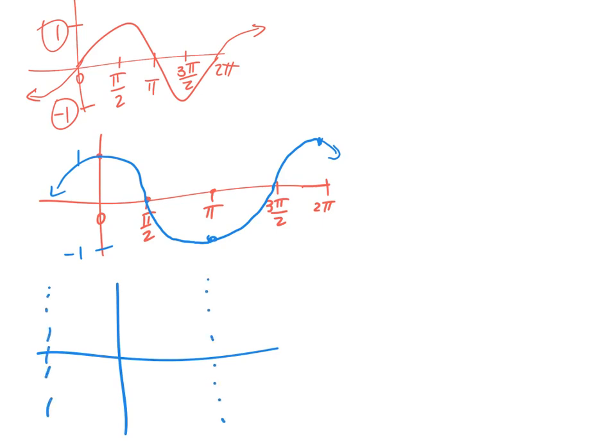All right, pause me and resume. Okay, tangent goes like this. And halfway to the asymptote is an important spot. That's where it hits 1. Halfway to the other asymptote, that's where it hits -1. Okay, and then the asymptotes are really important.